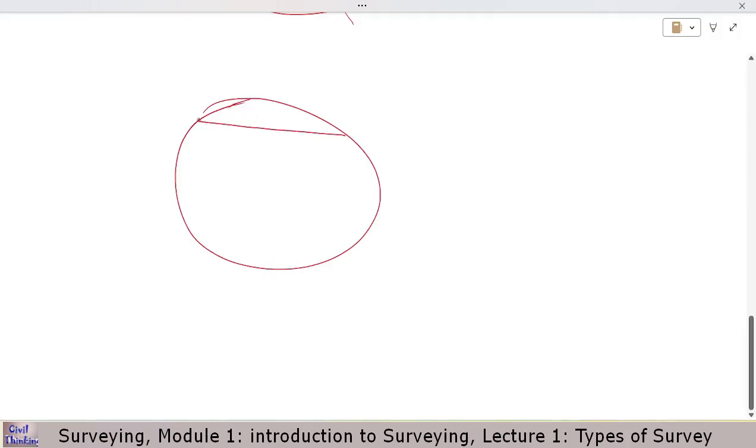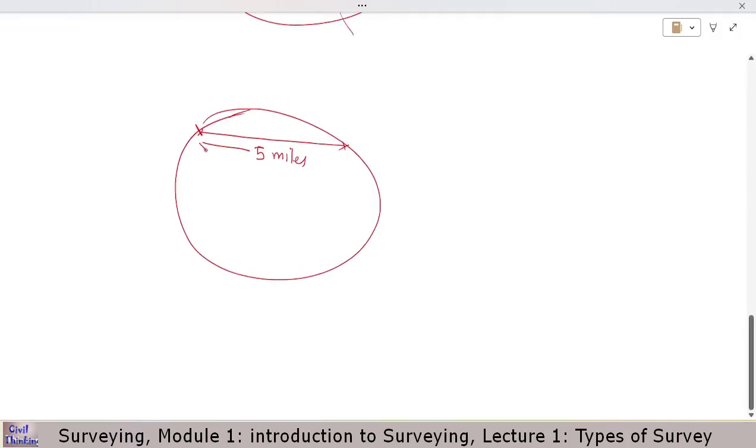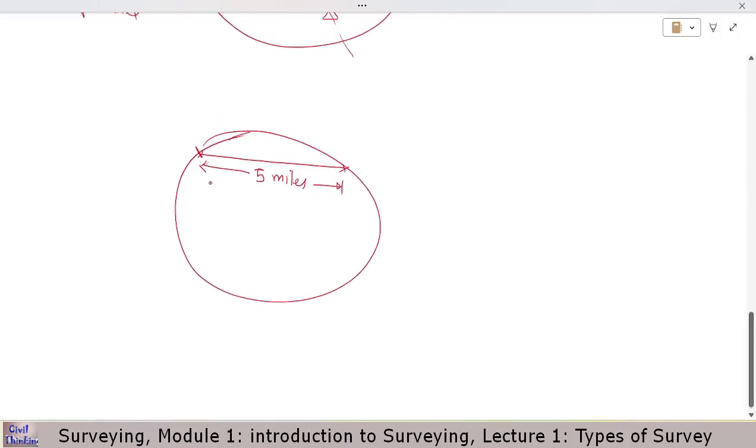So if you have this line, for example, this is 5 miles. Now if you measure it from here, the way we do in plane surveying, it's 5 miles. Now if we consider the curvature and we measure it like this, it is going to be 5 miles plus 0.02 feet. So you can see the error is very small, right?